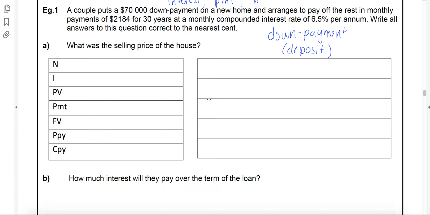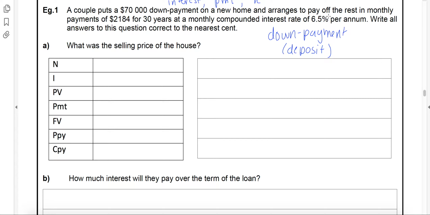And so the rest of what they owe is going to be taken out as a loan. So you'll see here it says arranges to pay off the rest in monthly payments of 2184 for 30 years at a compound interest rate of 6.5, etc. So that second part there is talking about the rest of the money that they owe for purchasing this house.